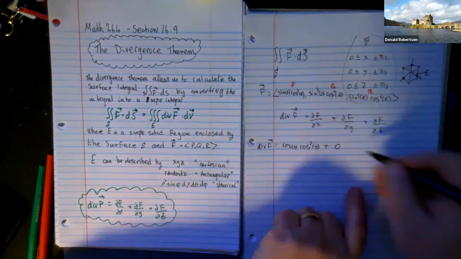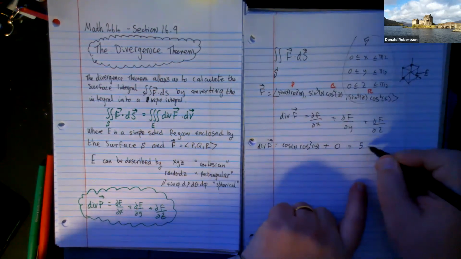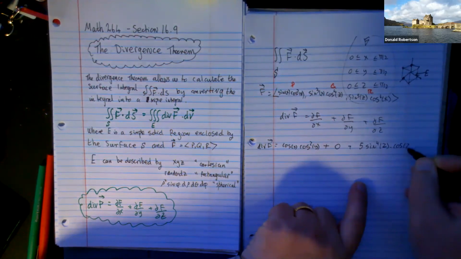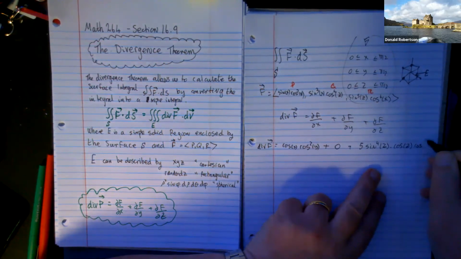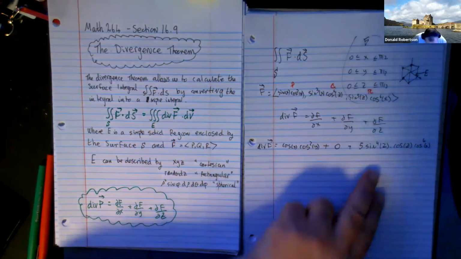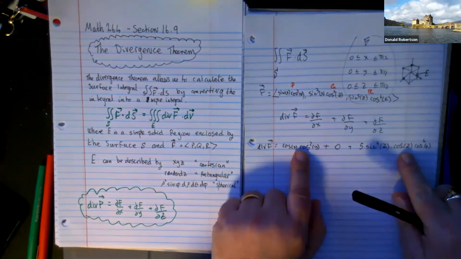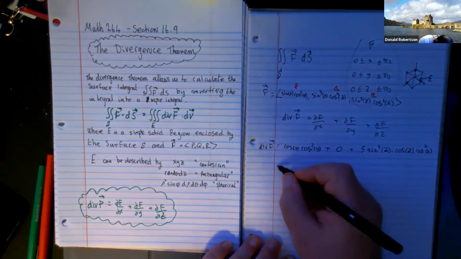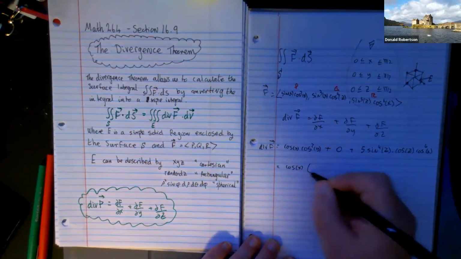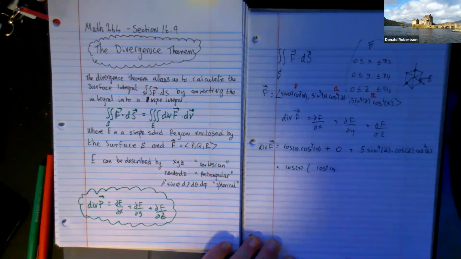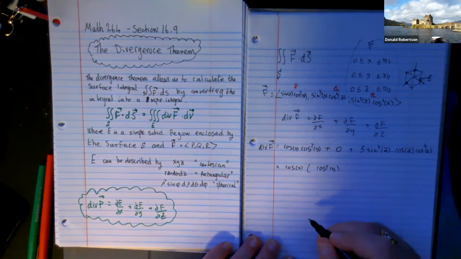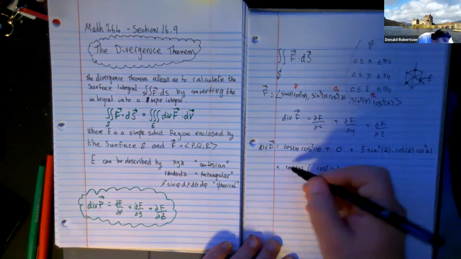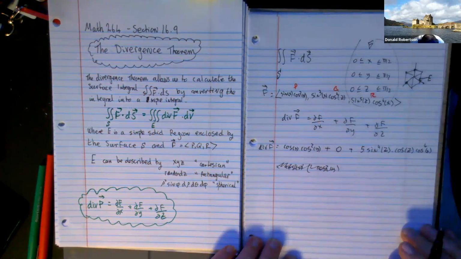This end one gets me 5 sine to the 4z times a cosine z times a cosine to the 6x. Anything nice about them? Nothing. That's a pity. But I can pull out a cosine x, and that leaves me with a cos squared y. Is there any point in pulling out cosine x? Yeah, not really. I could do it, but it's not going to help.